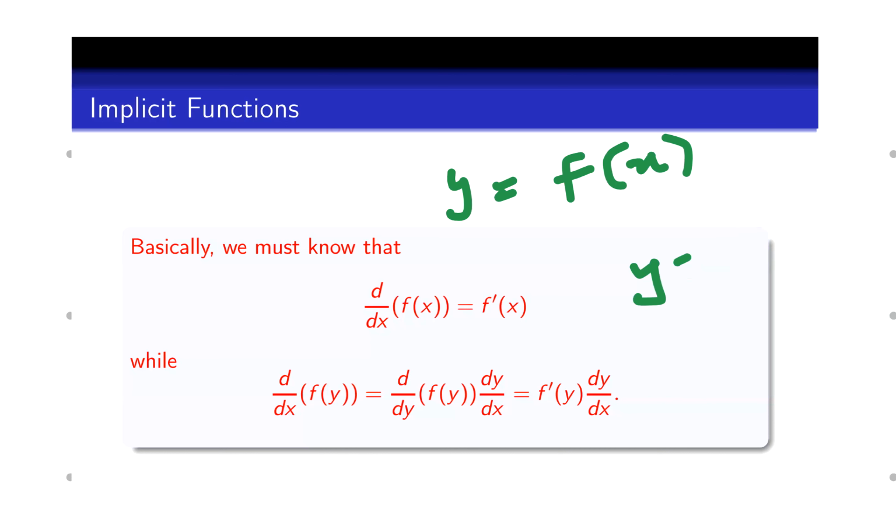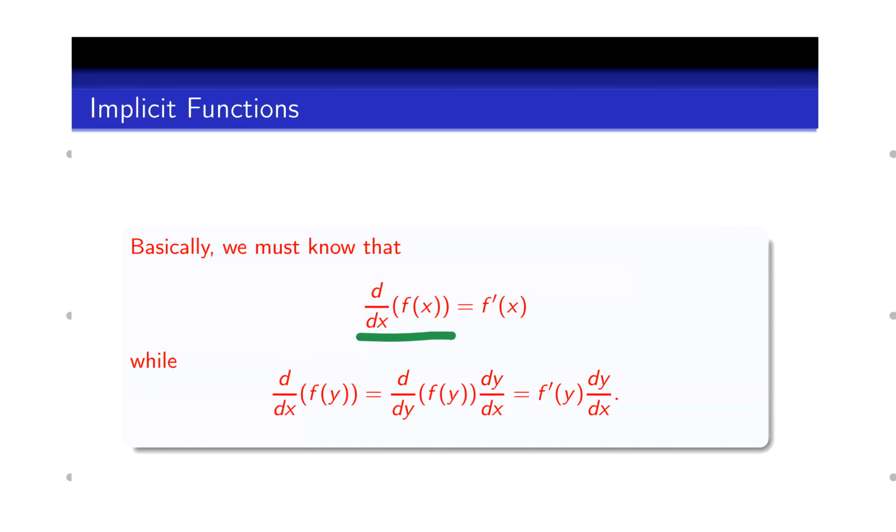So how do you deal with implicit functions? First of all, you must know that d dx of f of x is the same thing as f prime of x. In the case of implicit functions, you're going to come across problems with y. If you have d dx such that y is involved, you have f of y. Since you're looking for d dx of f of y, you cannot differentiate y with respect to x in that sense.